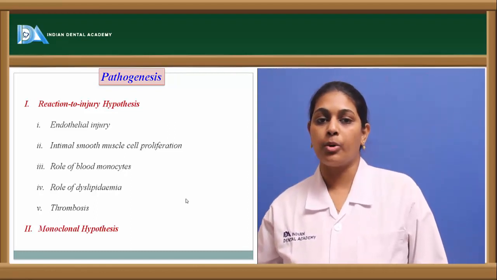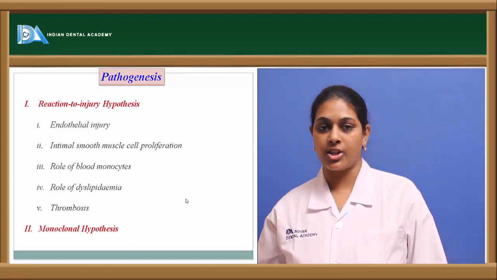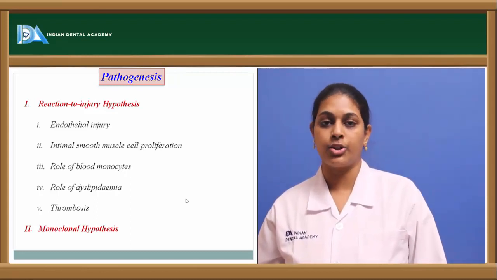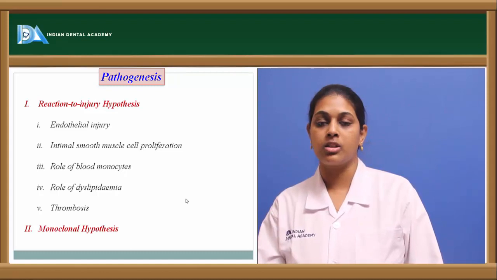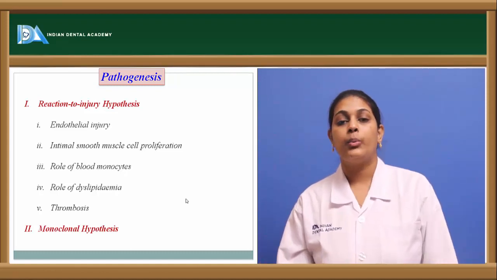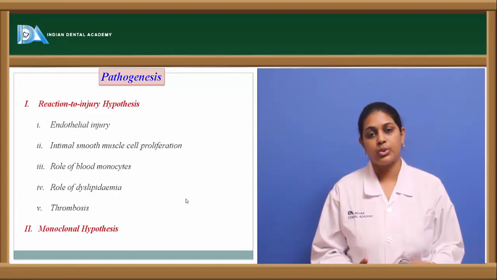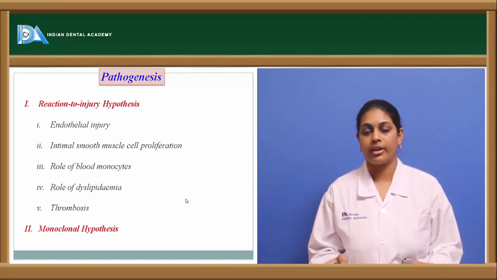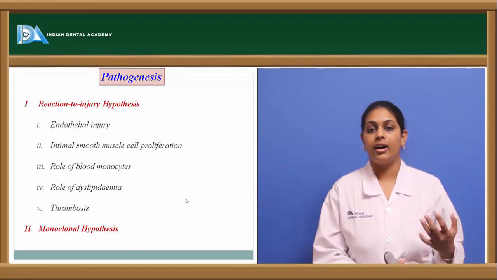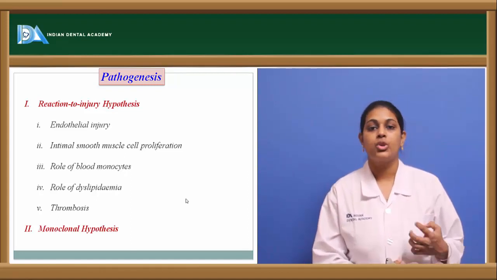Next coming is thrombosis. When we see any injury, such as an endothelial injury in conditions of atherosclerotic plaque formation, as soon as there's any injury, there's aggregation of platelets. These platelets form a platelet plug.